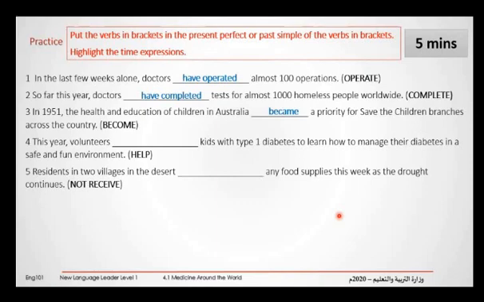This year, volunteers have helped kids with type 1 diabetes to learn how to manage their diabetes in a safe and fun environment. And number 5, residents in 2 villages in the desert haven't received any food supplies this week as the drought continues.